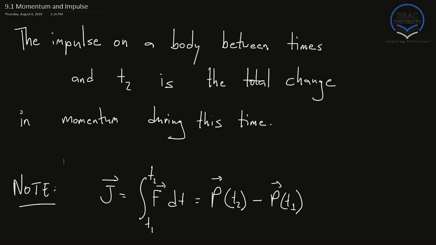In other words, the impulse on a body between times t1 and t2 is the total change in momentum during this time. We call J the impulse provided on the body between times t1 and t2. Just by this definition, it's clear that impulse is a vector quantity.